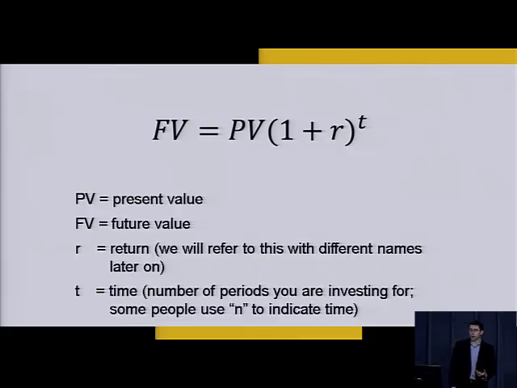When we get into using the calculator, and if we do touch on Excel, this T variable is often used and recorded by financial professionals as N, indicating number of periods. Essentially, T and N are synonymous in our field.